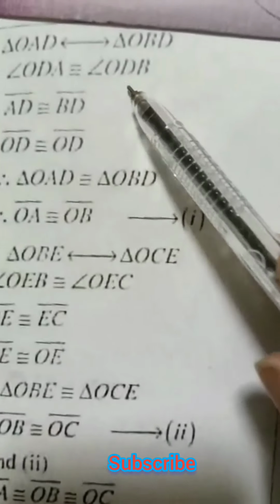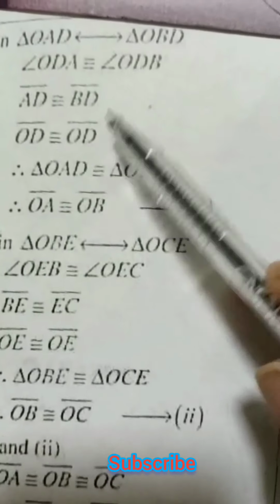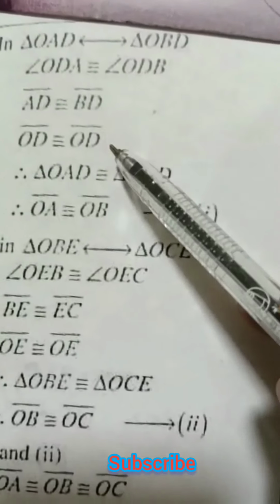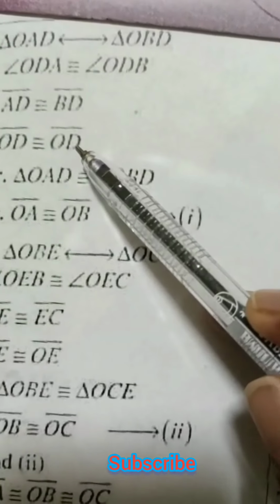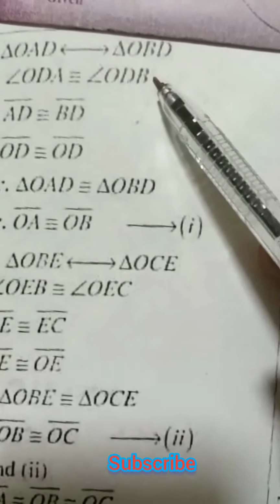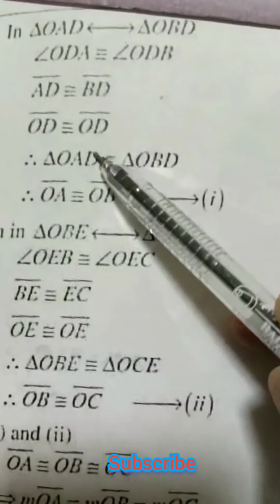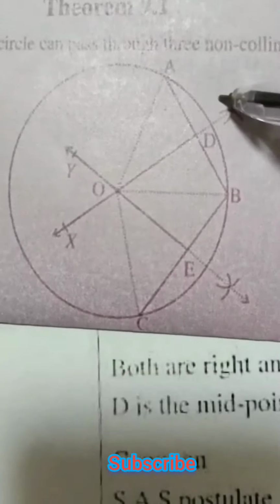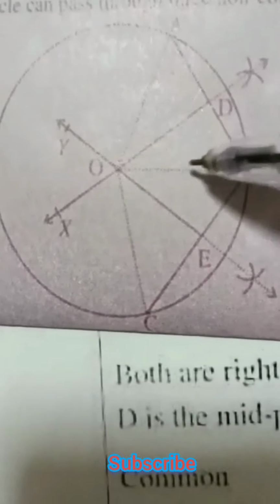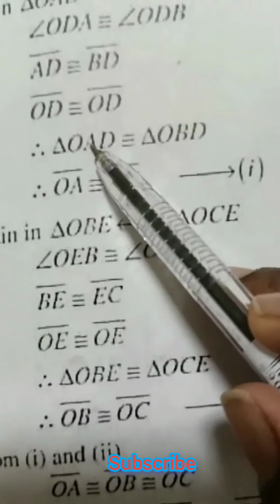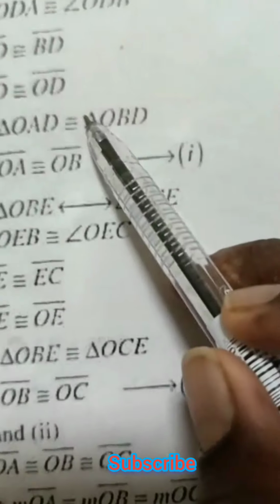Therefore, all three are equal: the angle, the midpoint side, and OD. So triangle OAD and triangle OBD are congruent.